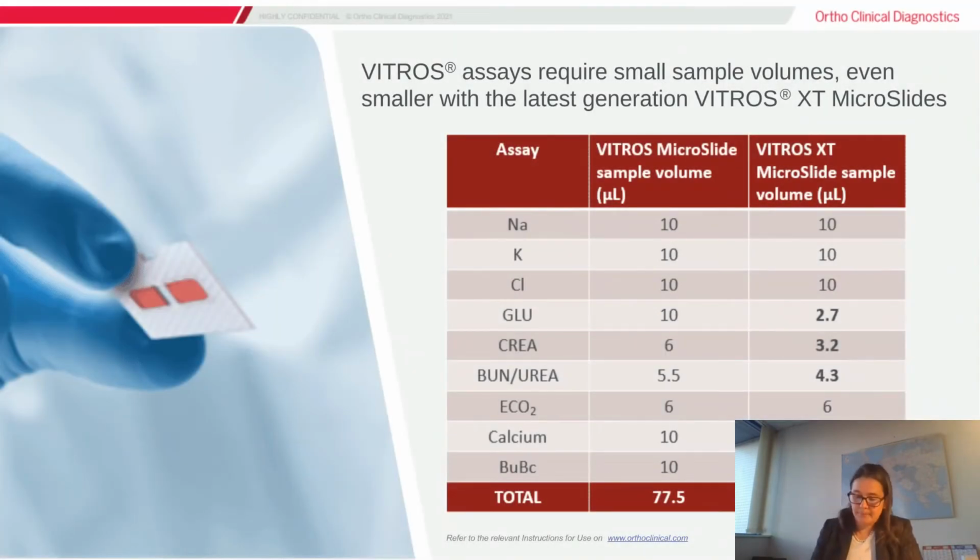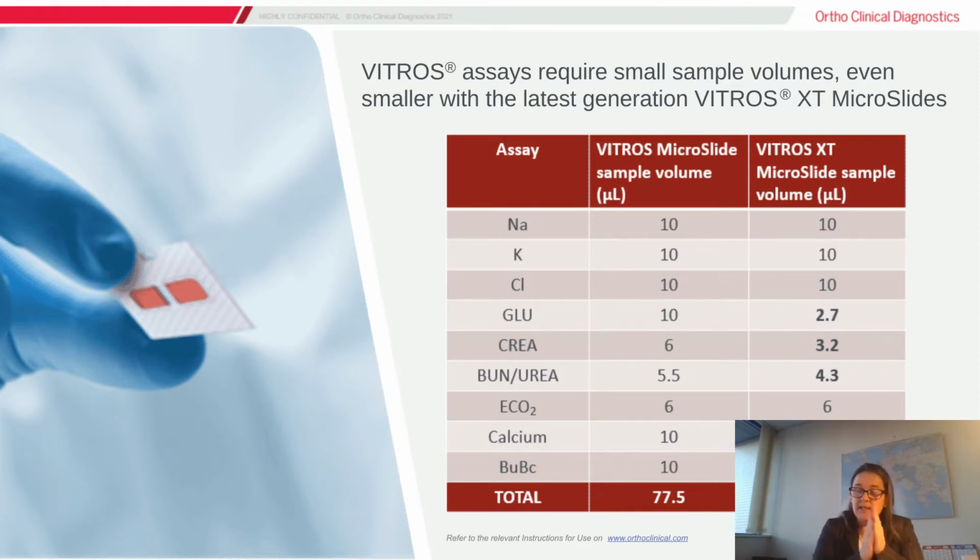A series of VITROS XT microslides with dual test capability has been developed, intended to reduce sample size while at the same time maintaining analytical performance versus the conventional single assay slide.